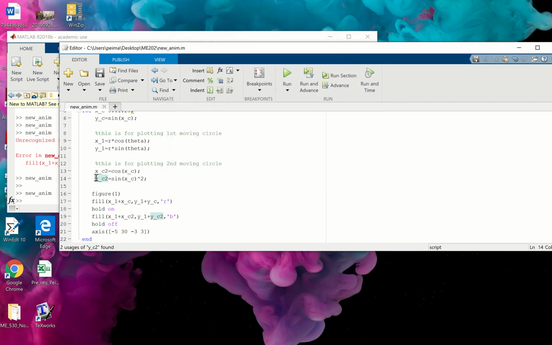Now we can generate a third circle. How? Just change the center of the circle. 3, 3, okay, and it's gonna be cosine of a random number, and it's gonna be sine of a random number, plus a constant number 2.